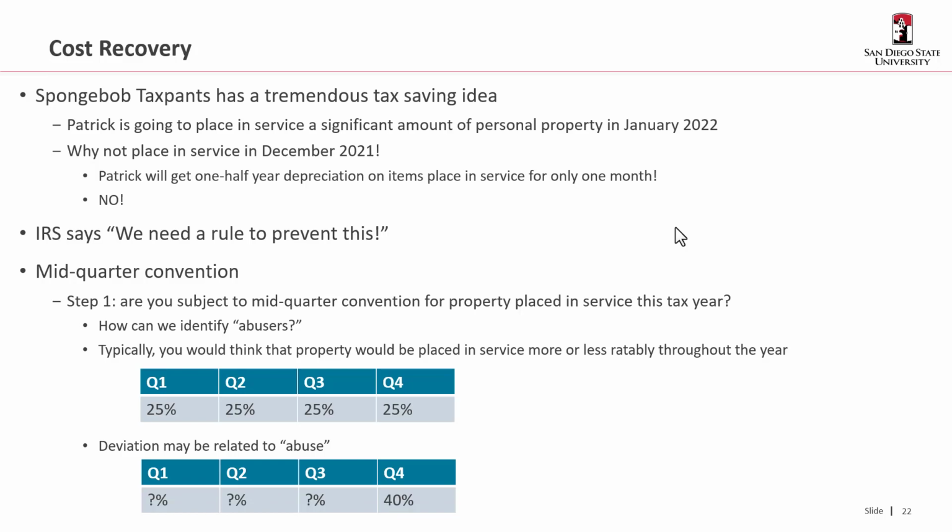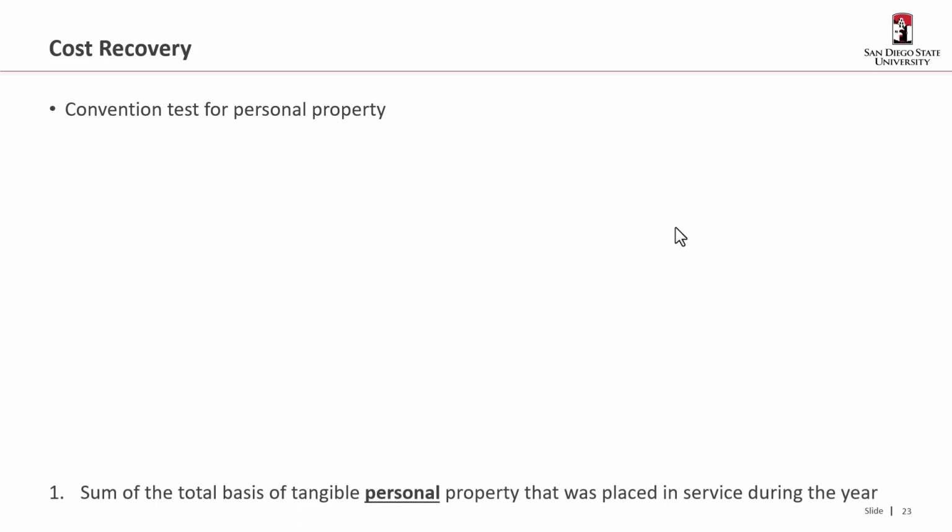They're like, look, if you put 40% or more in service in the final quarter of the year, then you have to adopt the mid-quarter convention. And the mid-quarter convention is more complex than the half year. It says, well, that means for whatever quarter you did place it in service, you take half a quarter's depreciation.